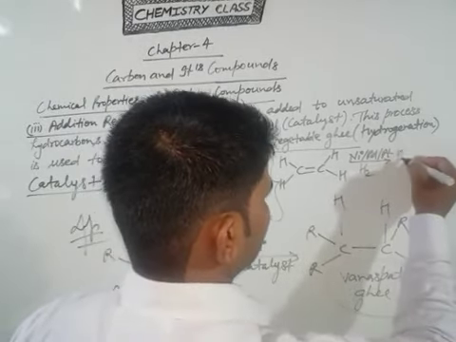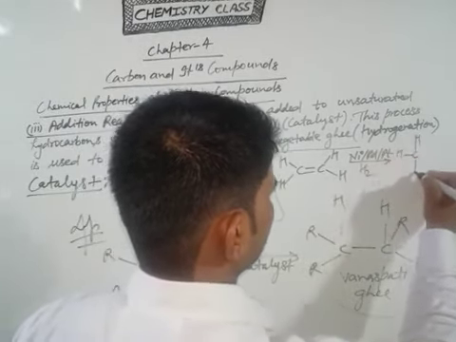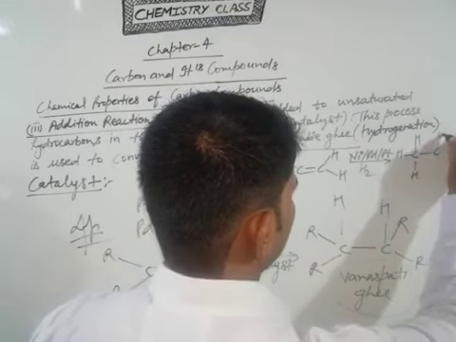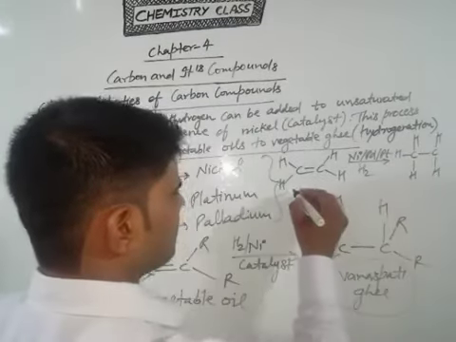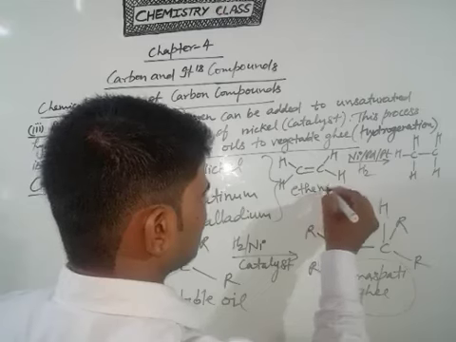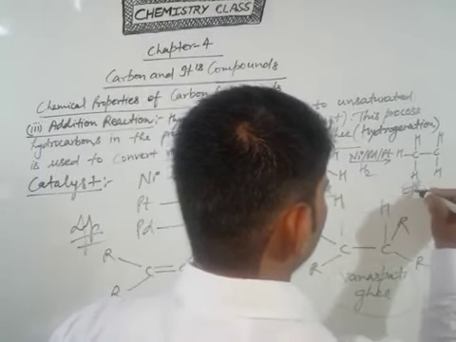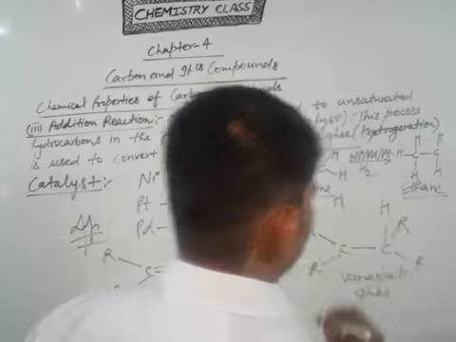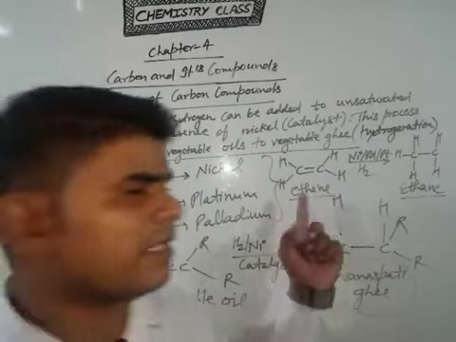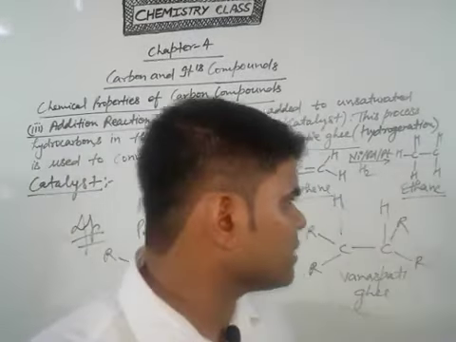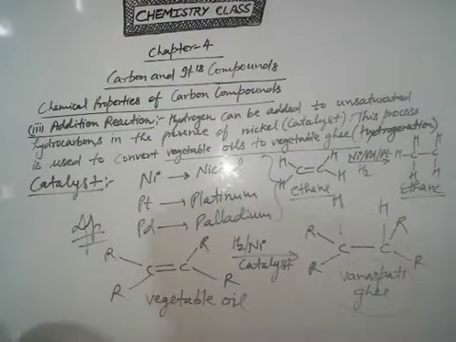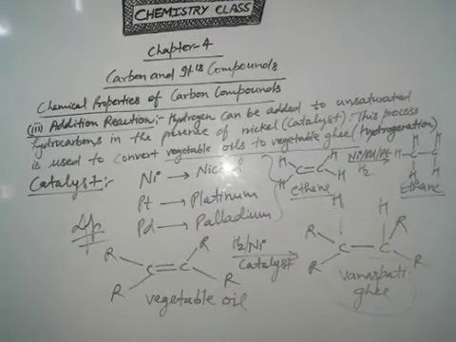You can prepare H single bond C single bond H and single bond H and C single bond H. So this compound is our ethene, and this is our ethane. That is the difference between the compounds. Ethene is converted into ethane with the help of the addition reaction.